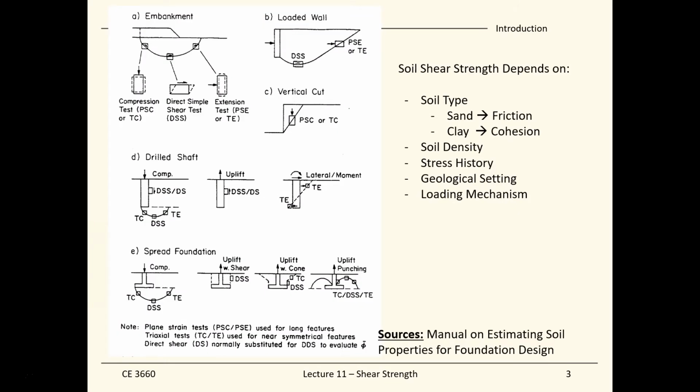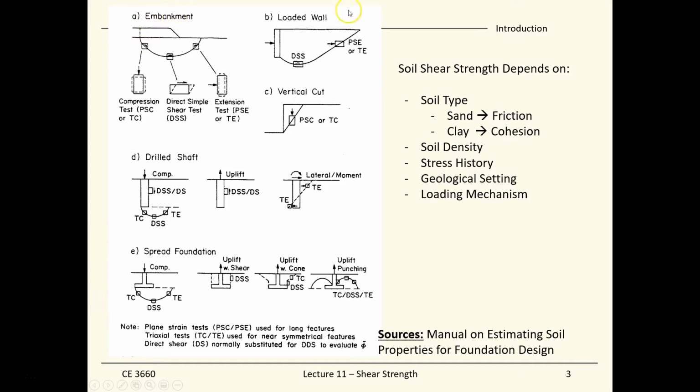For example, here is a picture showing a lot of different types of geotechnical structures or foundations that relate to soil strength. On the left-hand corner, we have the embankments.